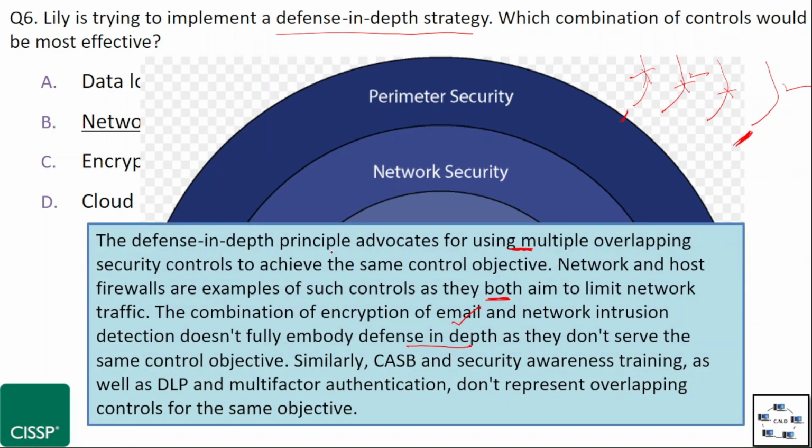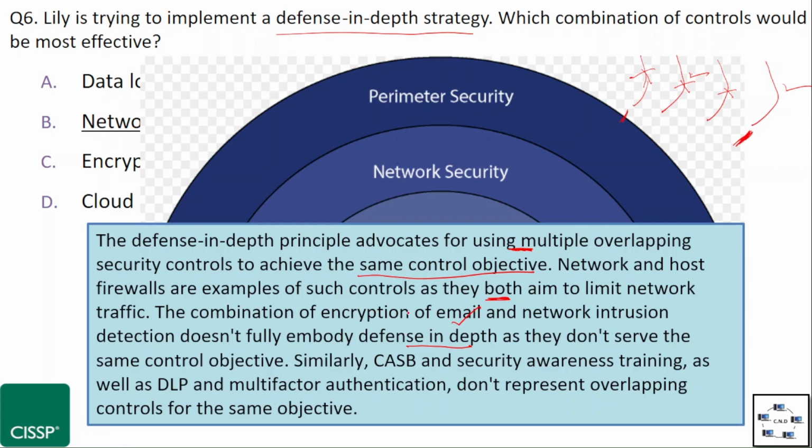The defense in depth principle advocates for using multiple overlapping security controls to achieve the same control objective. So the key point is the same control objective. Network and host firewalls are examples of such controls, as they both aim to limit network traffic.